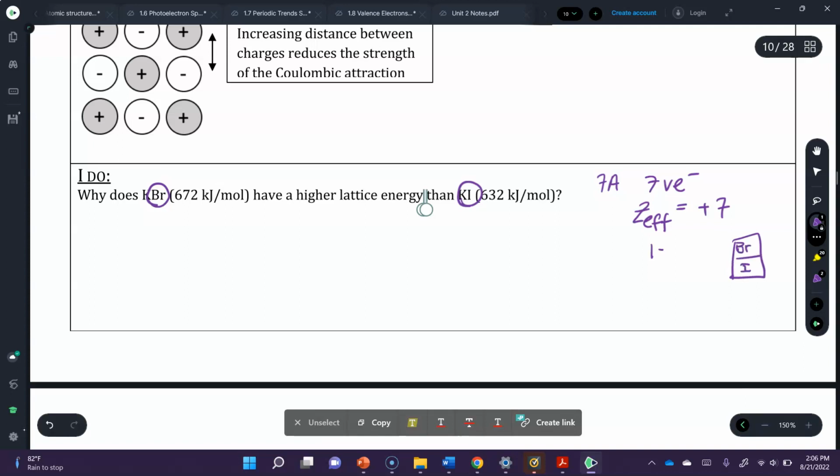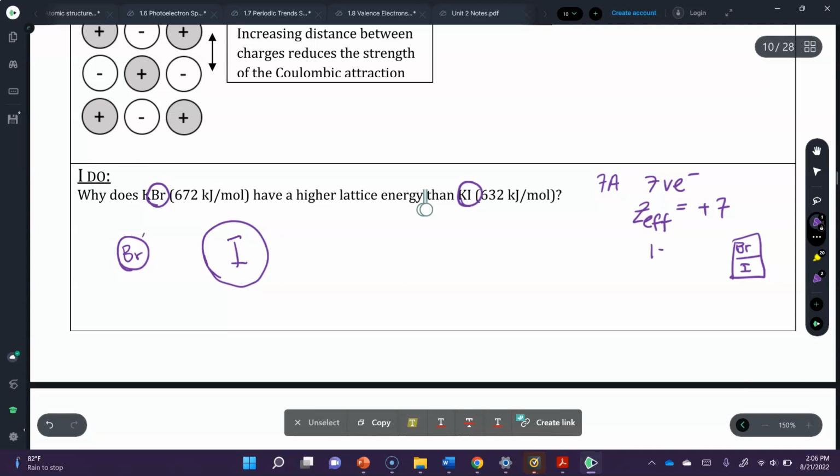So what that means is that iodine has an extra layer of electrons. So if we're comparing sizes, bromine would be much smaller than iodine, right?